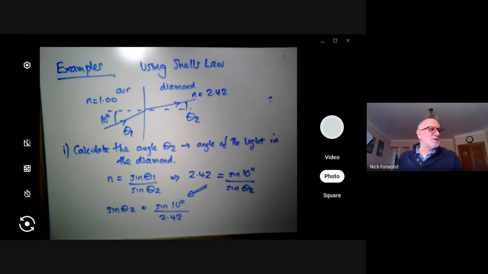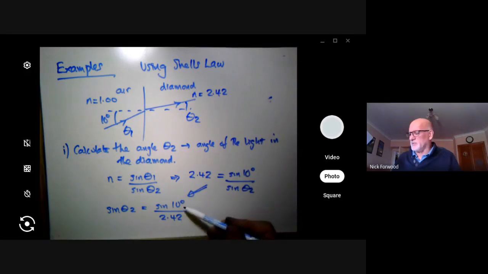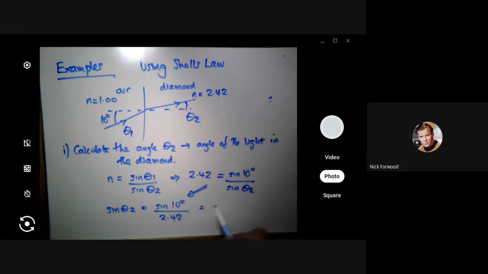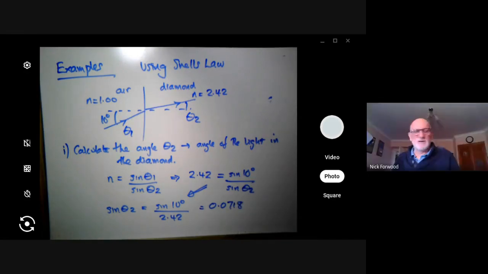Nobody says you have to show every step in your working, and I'm not saying that you need to copy down what the sine of 10 degrees is and then divide it by 2.42. You can just do that in your calculator, put in sine 10 degrees, divide by 2.42, and you get 0.0718. I'm not carrying these numbers around in my head. I've got a separate set of notes here.